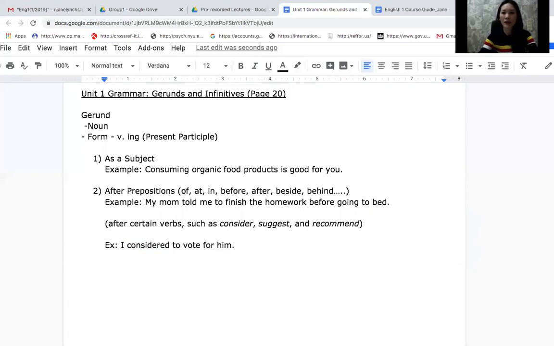I mean, you understand the meaning, but grammatically it's wrong. So you have to change this into a gerund. So I consider voting for him.